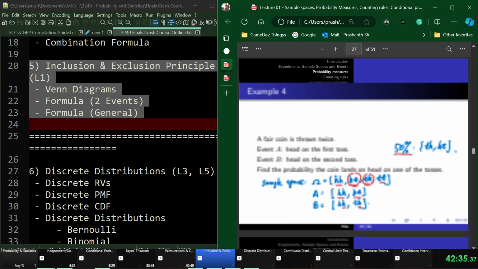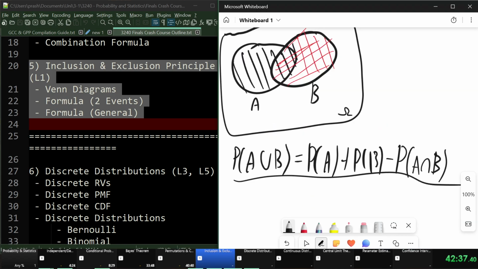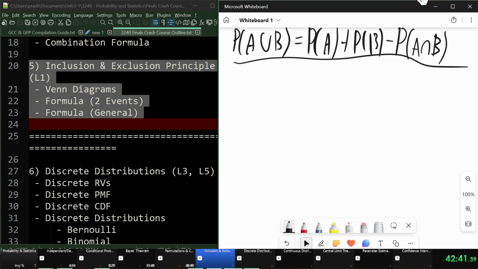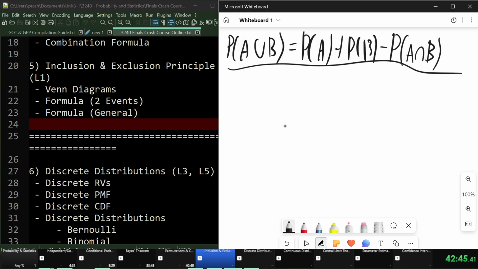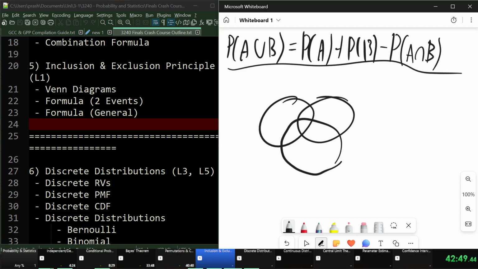Okay. Right, so this is the formula for 2 events. Now, if I draw the diagram out for 3 events, oh yeah, we've got 1, 2, and 3, A, B, and C.